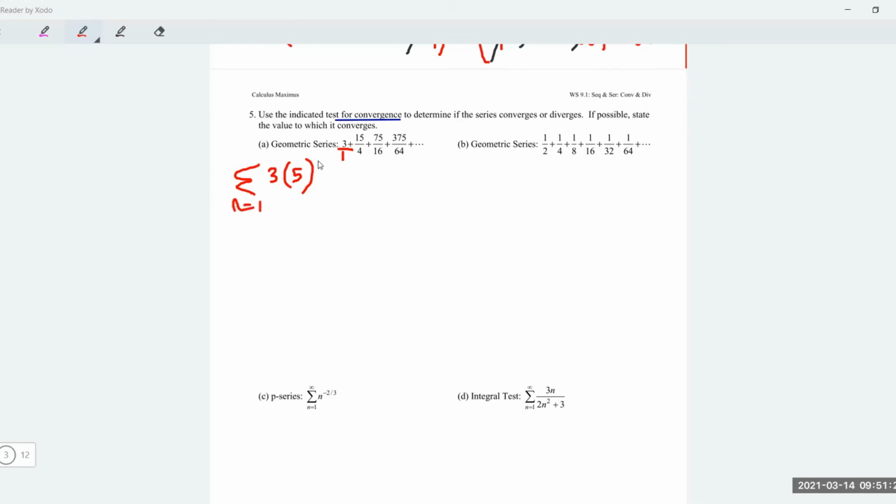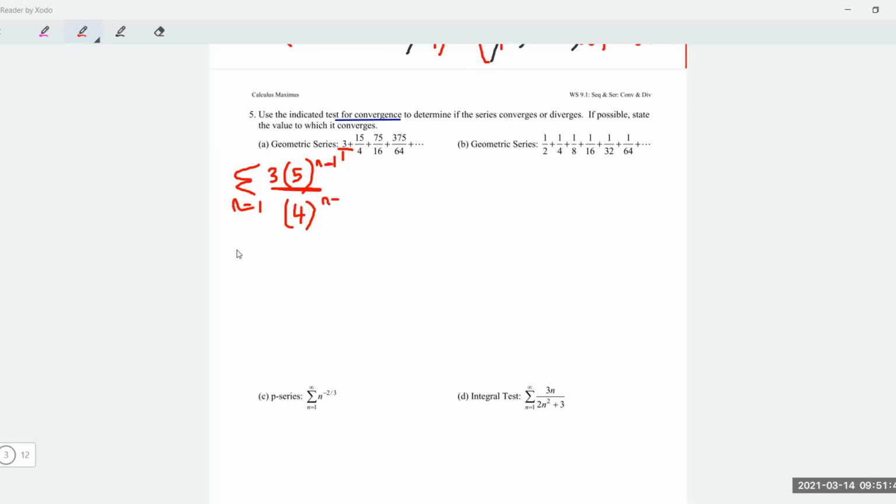This is now 3 times 5 to the n minus 1 over, in the denominator, what? 1, 4, 16, multiply by 4 each time. The first term is 1, so this is just 1 times 4 to the n minus 1. That's how you rewrite this in summation form.